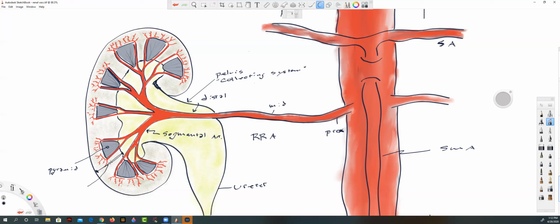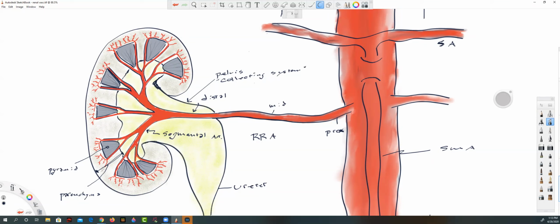That whole area, including the pyramid and the outside part, all of it collectively is the parenchyma, just like a liver. Just like the liver, just like the spleen, everything has parenchyma. It's just simply tissue.